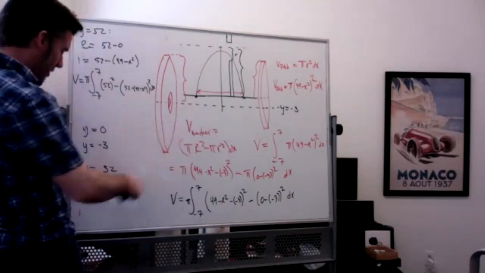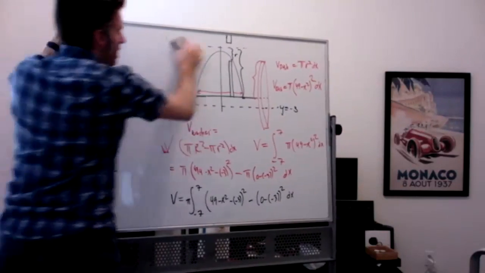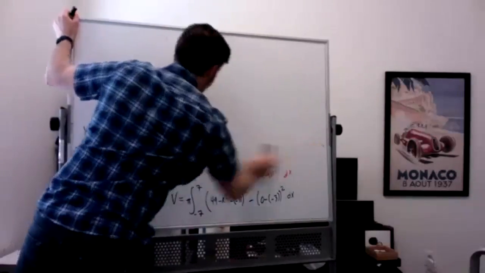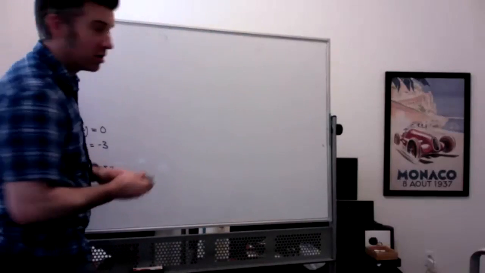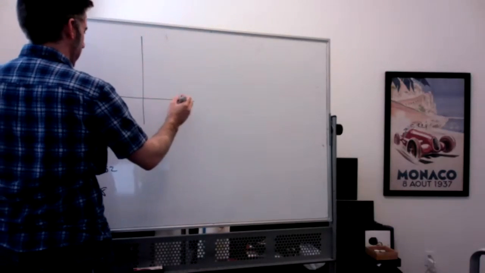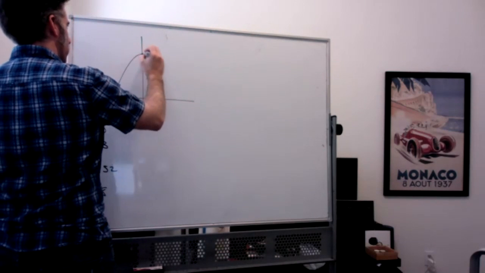Okay, there was one more question, which was going around x equals 8. So around x equals 8, things are a bit different because the orientation of our axis of rotation has changed. If we're looking at this region revolved around, I'll draw it this way.